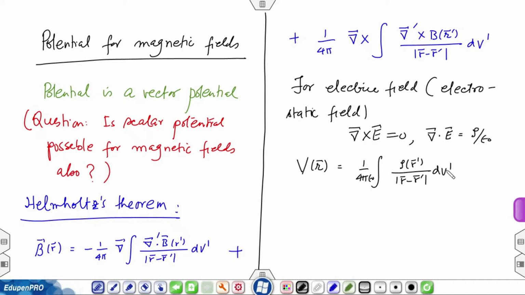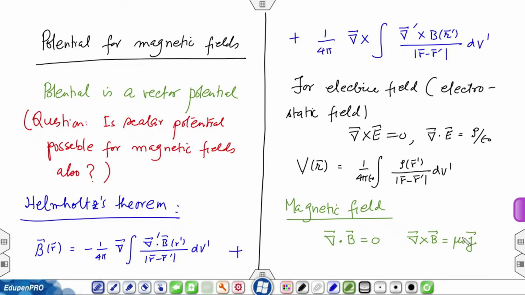This is what we did for the electric field. Let us come to the magnetic field. For magnetic field, what we have learned is that divergence of magnetic field is 0 and curl of magnetic field is mu naught J.